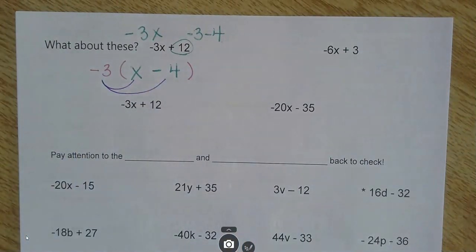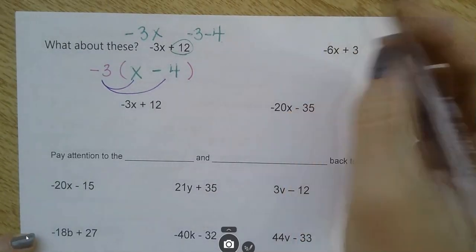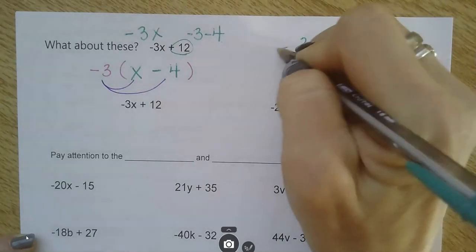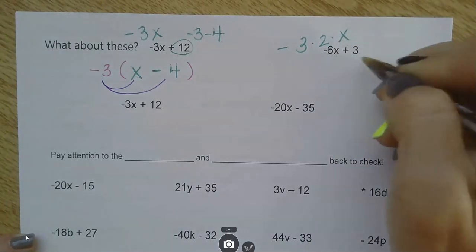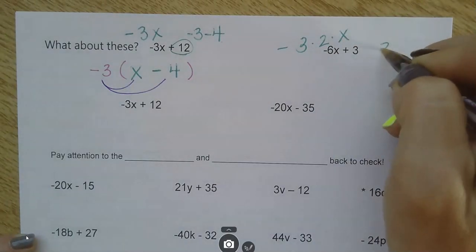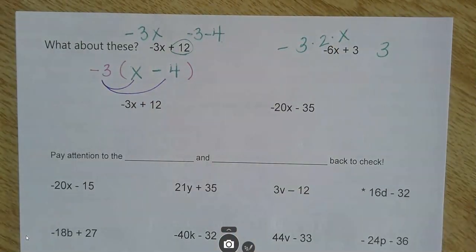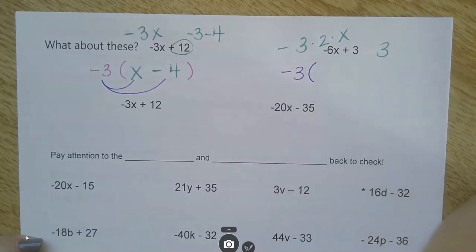Let me do another one. Negative 6 and 3. Well, I know I'm going to use 3 as my greatest common factor. So this is a negative, a 3, a 2, and an x. And this is just a 3. But because my first term is negative, I want to pull out a negative 3 as my GCF.